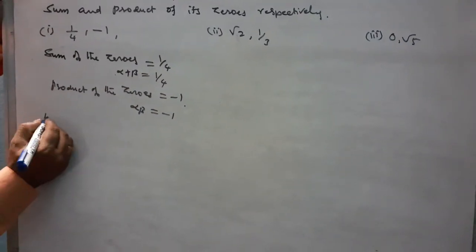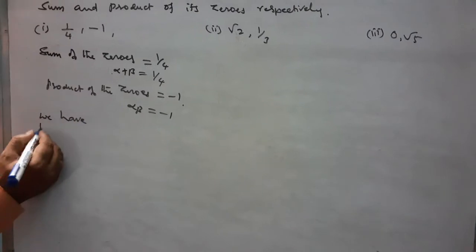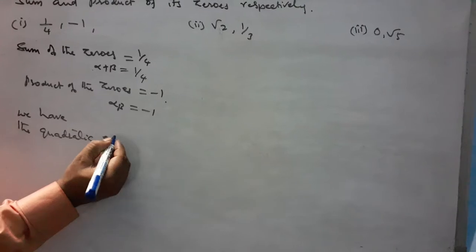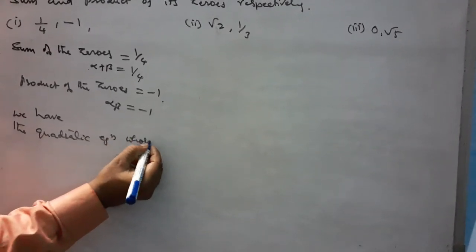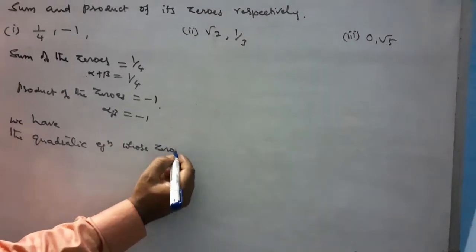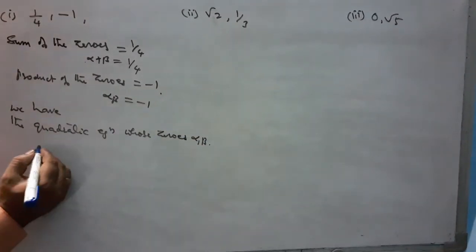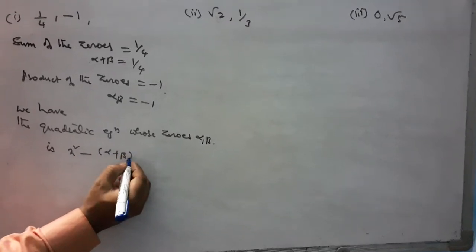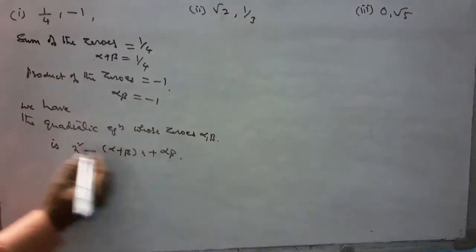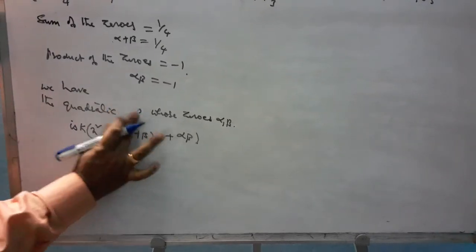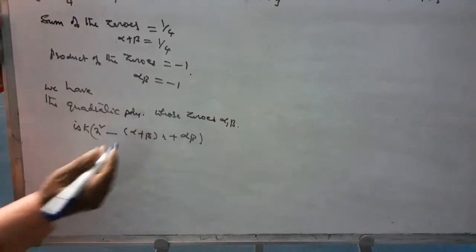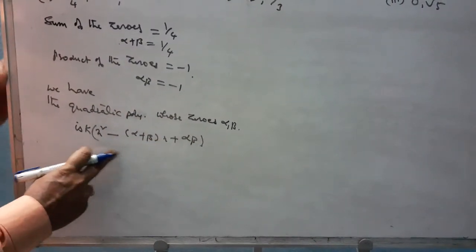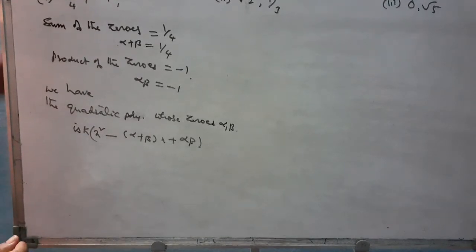So we know the quadratic polynomial whose zeros alpha, beta is k into x square minus alpha plus beta into x plus alpha beta.